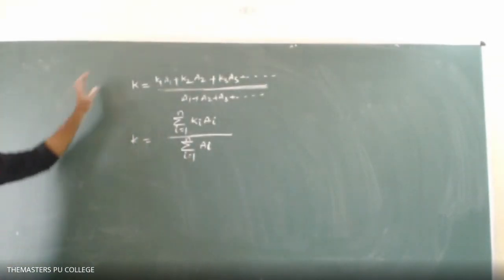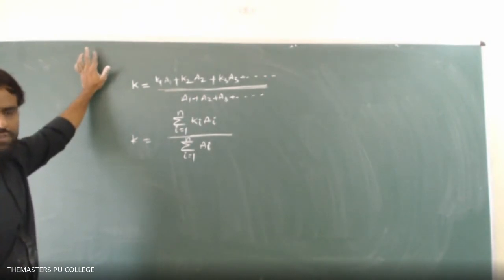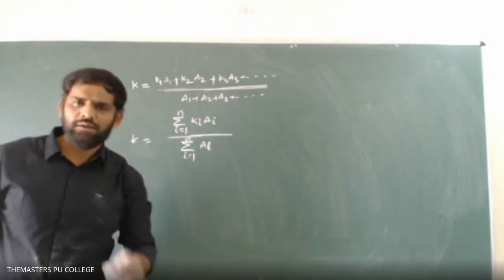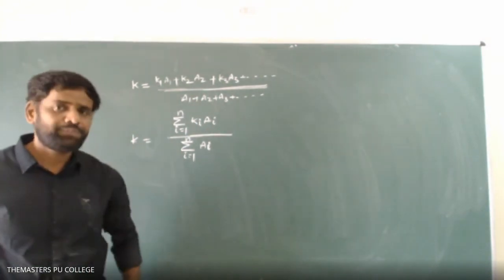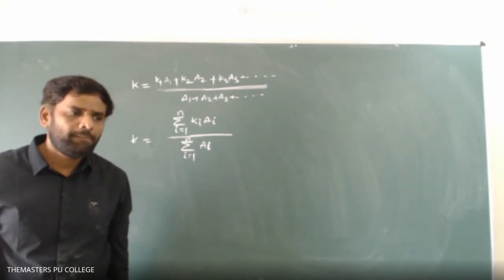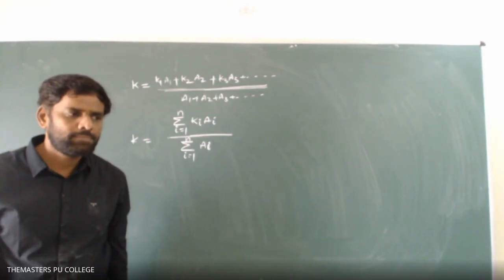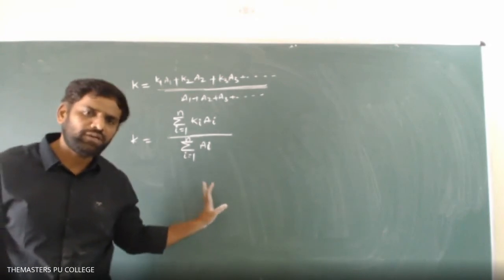So this is about the thermal conductivity and coefficient of thermal conductivity. And one more note we can write after this. What we have noticed in parallel combination, which is constant?